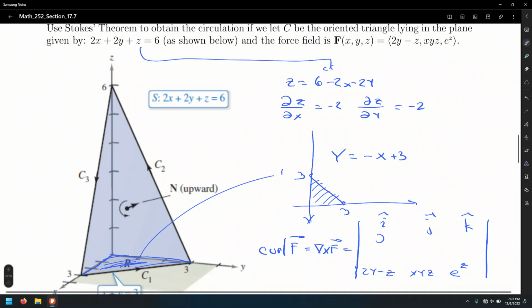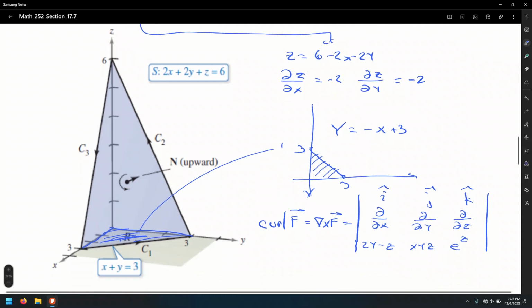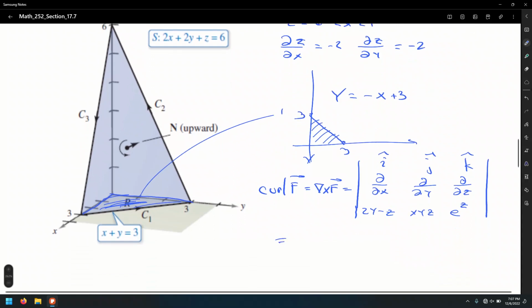And here we have the partial derivative operators: partial with respect to x, partial with respect to y, and partial with respect to z. And after doing this 3 by 3 determinant, which gives us the curl, we should get the following vector: negative xy, comma, negative 1, comma, yz minus 2.